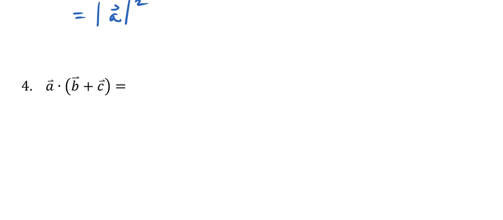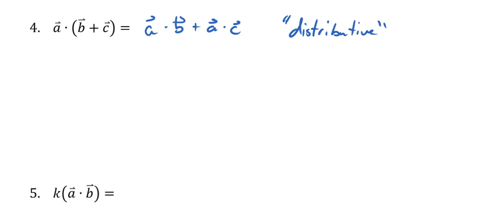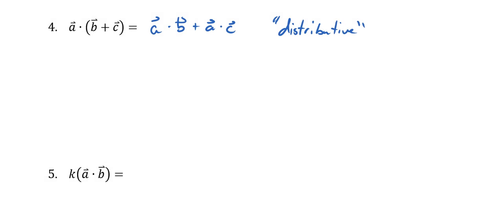A dot B plus C turns out is A dot B plus A dot C. So yes, it's distributive. As well as associative.